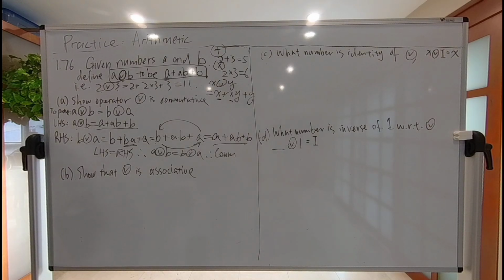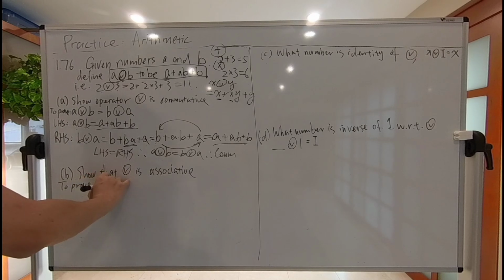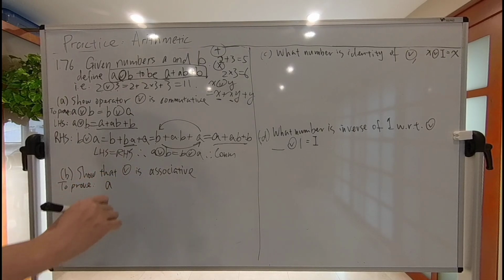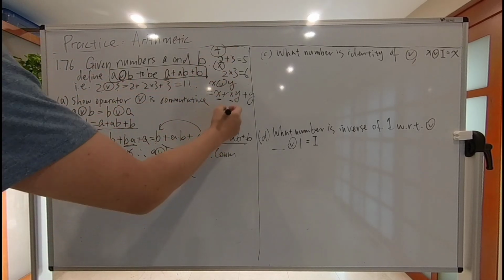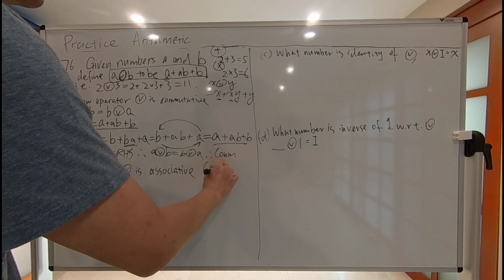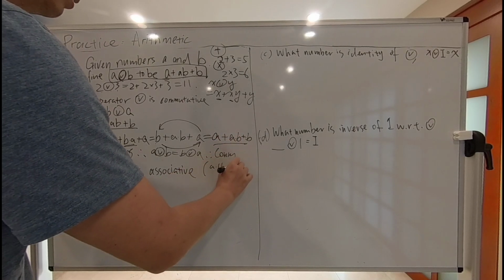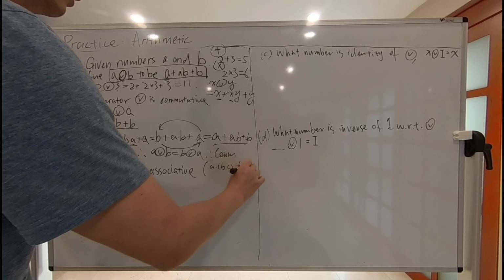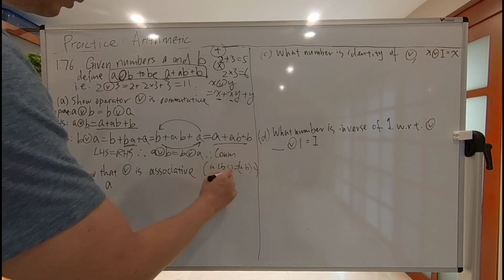Okay, the second one: to prove associativity, it is actually a similar way. If you still remember, the associativity of multiplication is A times B times C equal to A times B, and then C. This is multiplication.